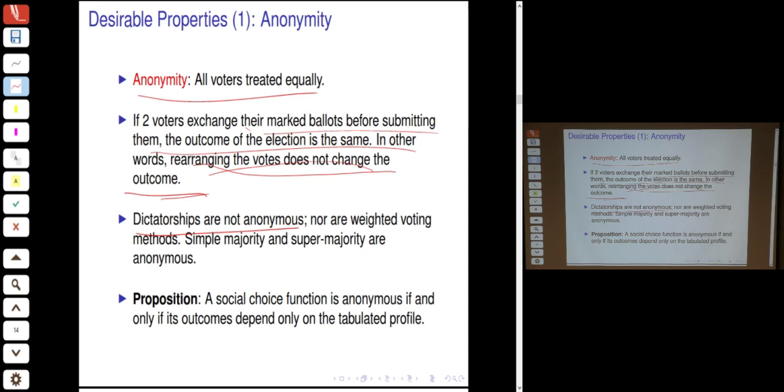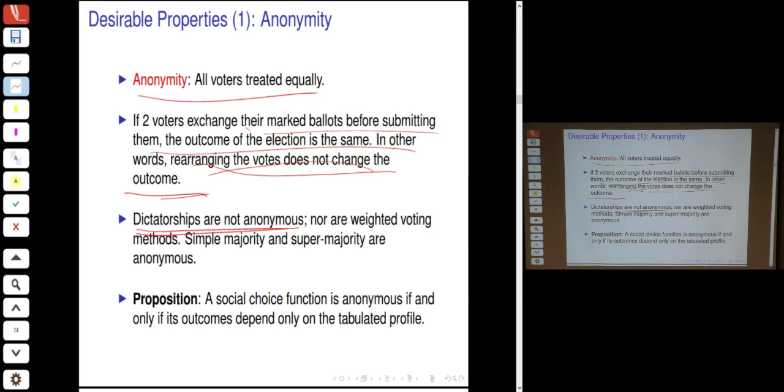Right. So that's an example of anonymous. Dictatorships are not anonymous because if there is only one person whose vote matters, then of course, if the ballot of that person is exchanged with the ballot of another person, then the outcome of the election might change. Okay.